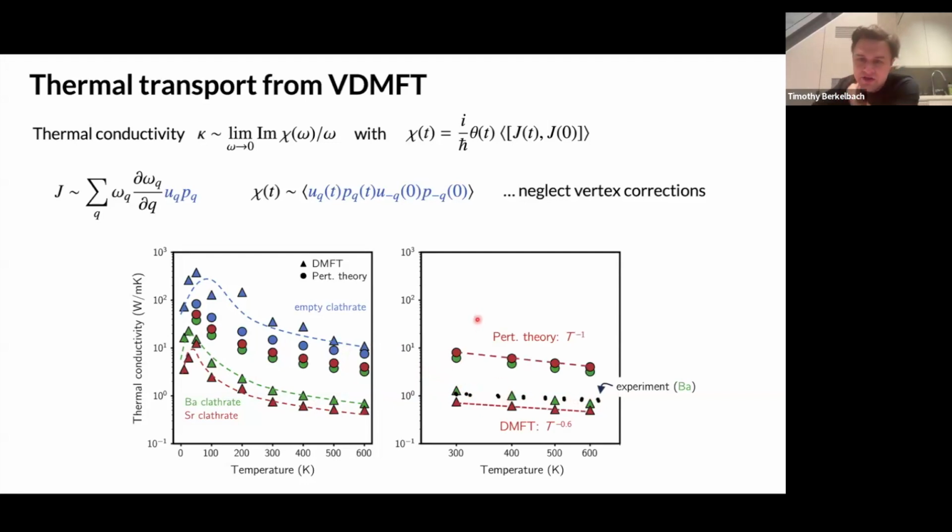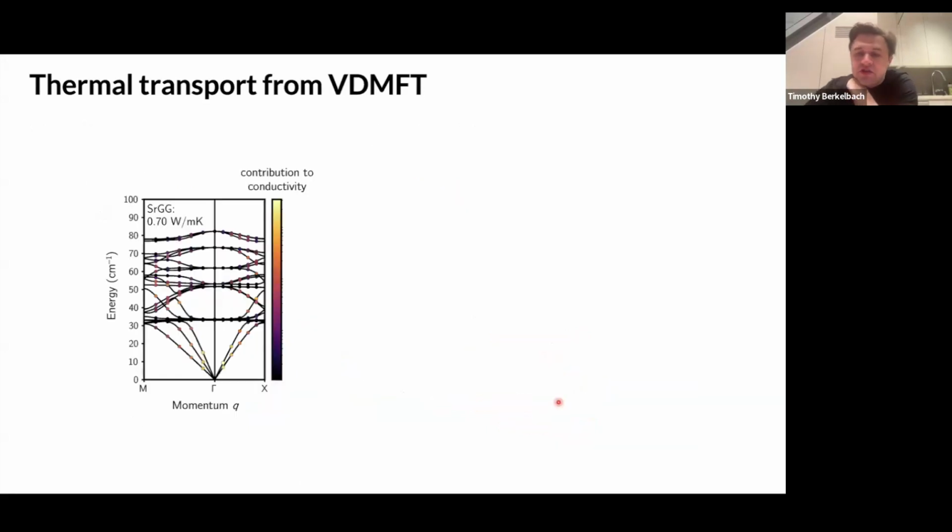What's kind of interesting is within perturbation theory, the thermal conductivity at high temperature is easily shown to be 1 over temperature. Whereas if we fit the DMFT, especially for the strontium compounds, we see a weaker scaling. It's something like -0.6 in the temperature. So this is relatively new data, so we're interested in this and trying to explain it.